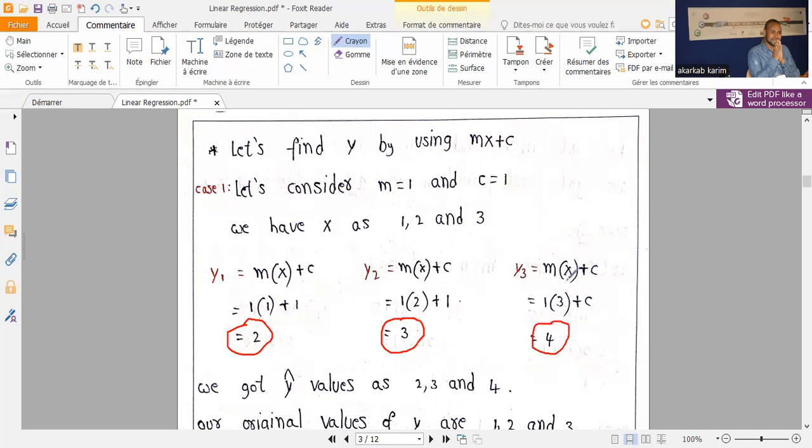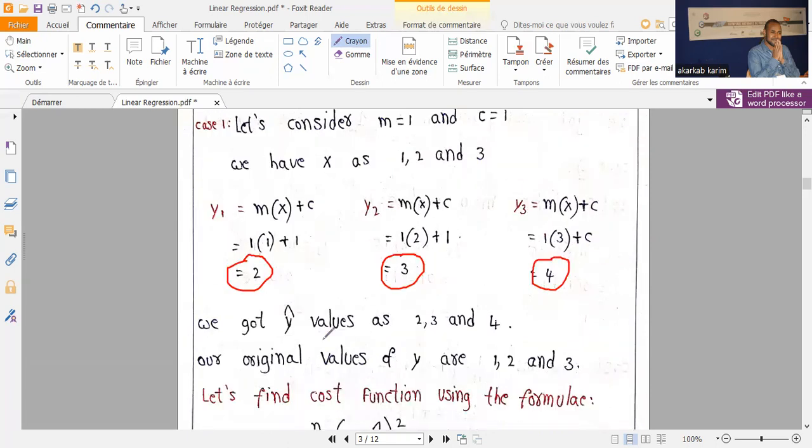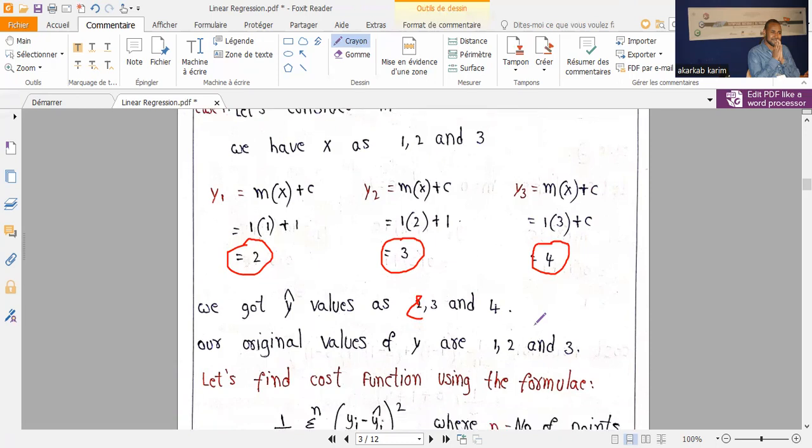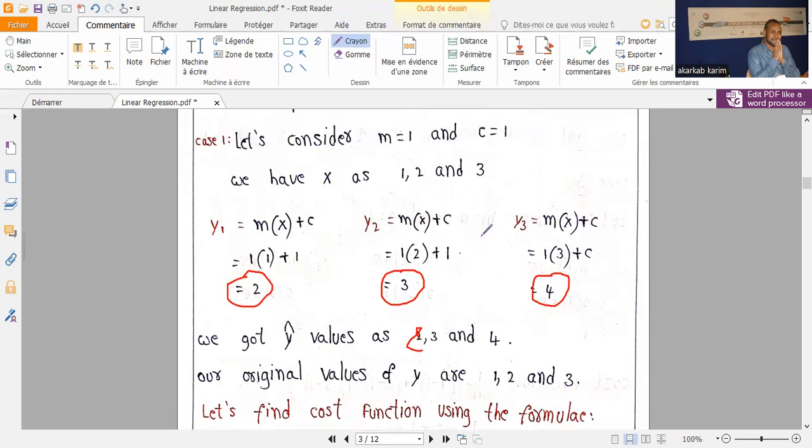If we replace each parameter with its own value, we found 4. So we got y hat values of 2, 3, and 4. After we replace each variable with its own value, we found these values of 2, 3, and 4. That's what's called y hat.